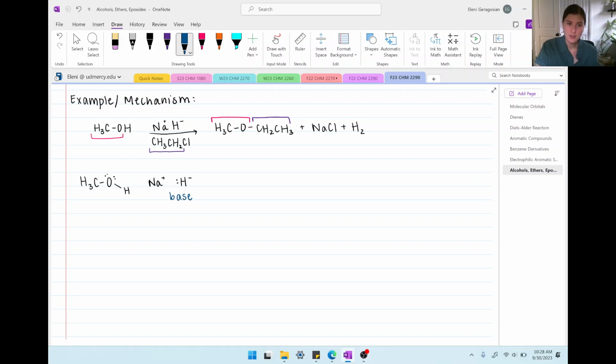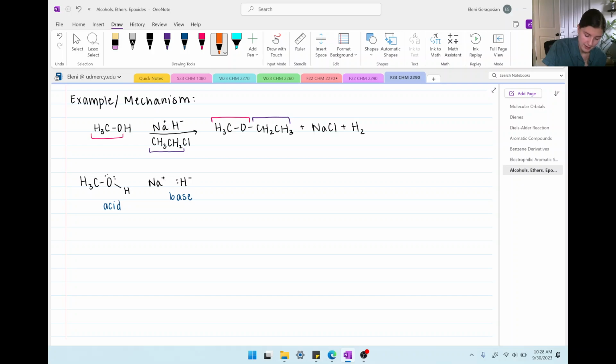In our other molecule, the alcohol, alcohols can act as an acid or a base. If there is a strong base present, like the hydride, this will act as the acid. So acids donate protons, bases create new bonds to the proton.